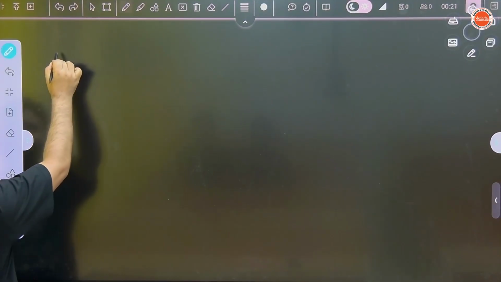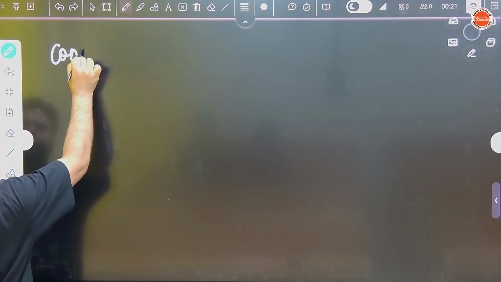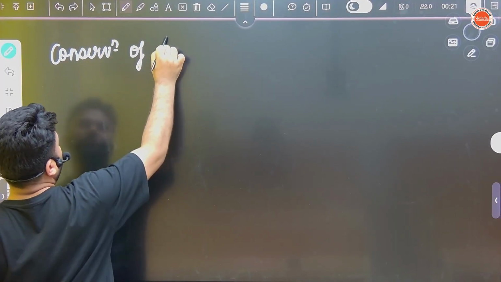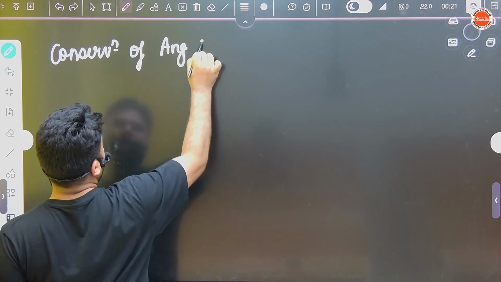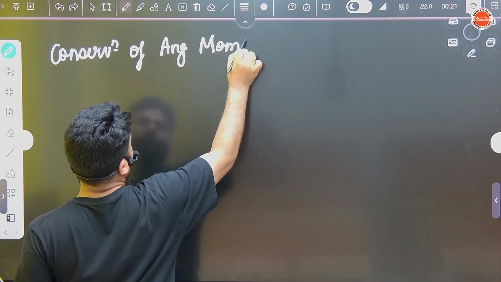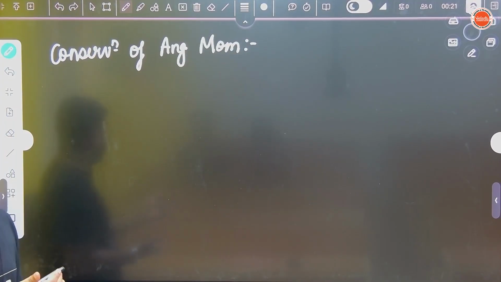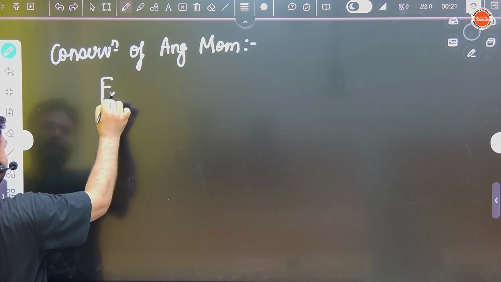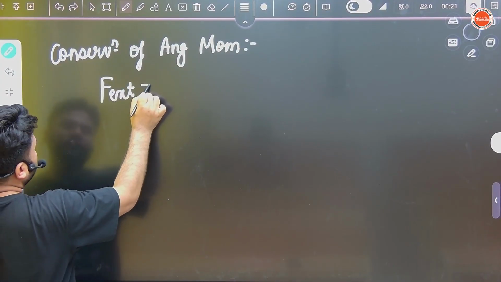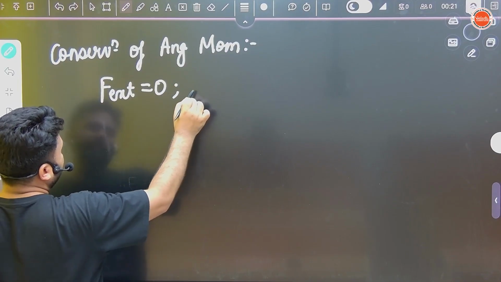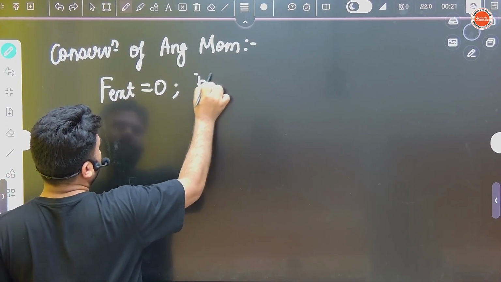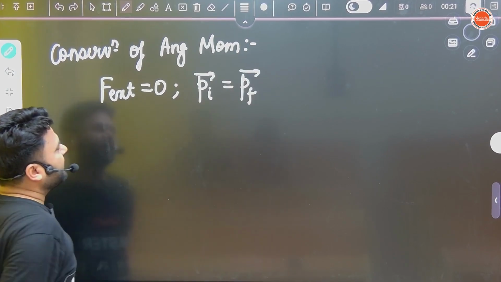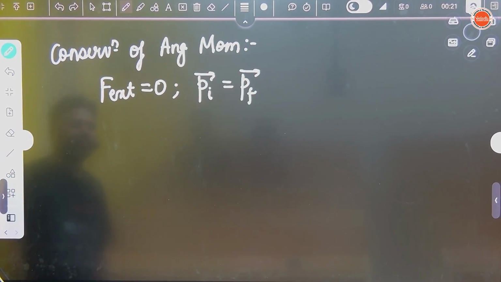Now, conservation of angular momentum. What was conservation of linear momentum? If external force is 0, then total momentum initial equals total momentum final. Momentum gets conserved.